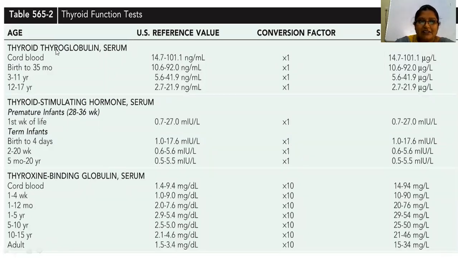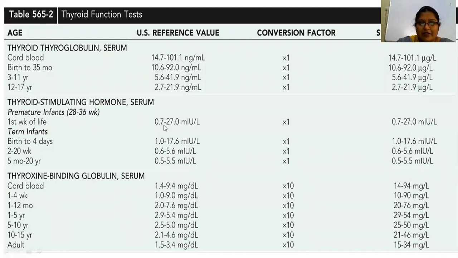Thyroglobulin is more during the neonatal period, and after that it decreases. For everything we have to take the age reference values. Then TSH. During prematurity, there are only quantitatively decreased levels of hormones; there is no qualitative difference.